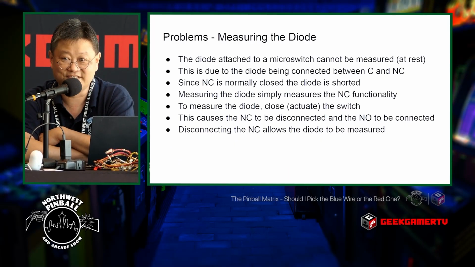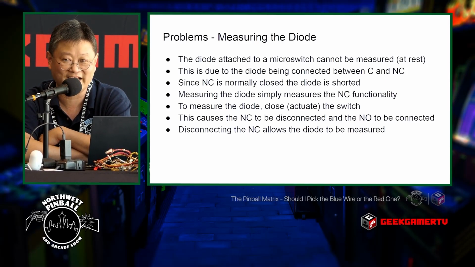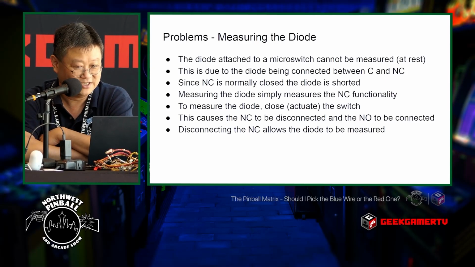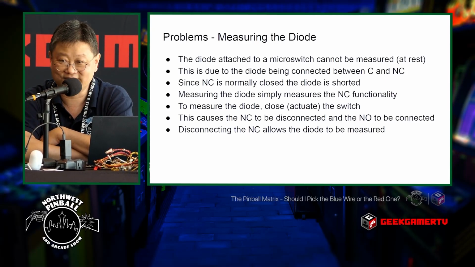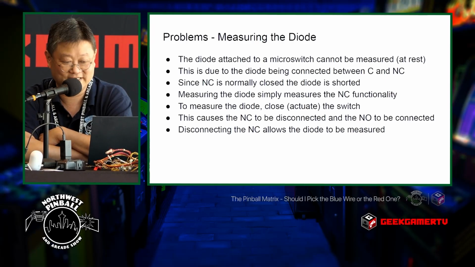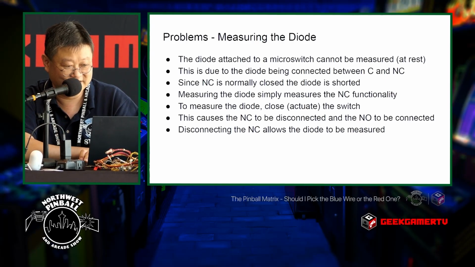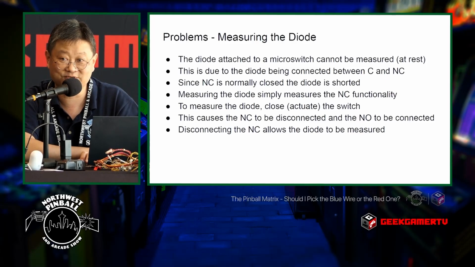So, measuring the diode. Someone says the diode's bad and you want to prove it to them, or you want to convince yourself that the diode really isn't bad, so you want to measure it. Well, the problem is that the diode is attached to a micro switch, and unfortunately, it cannot be measured at rest. The reason is that the diode is connected between the C and NC terminals, which is normally closed.